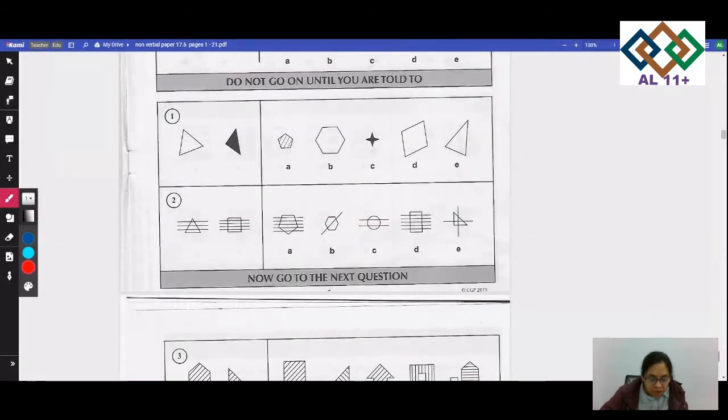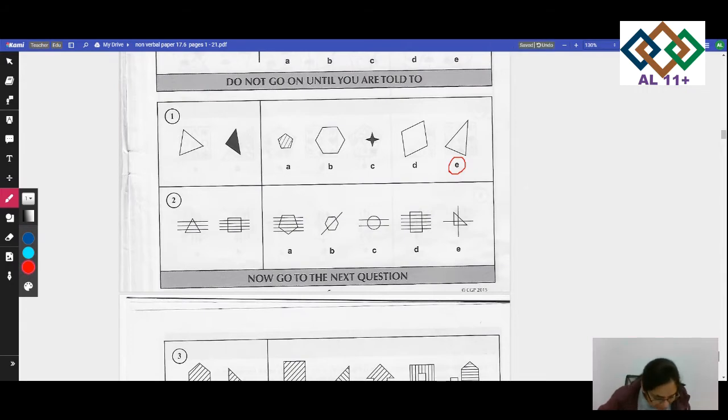So this is the first shape given to you guys. What do you think it is? If you look at this shape here, the answer for one would definitely be E. It's the same as this shape here. You need to find which is the same as this one.